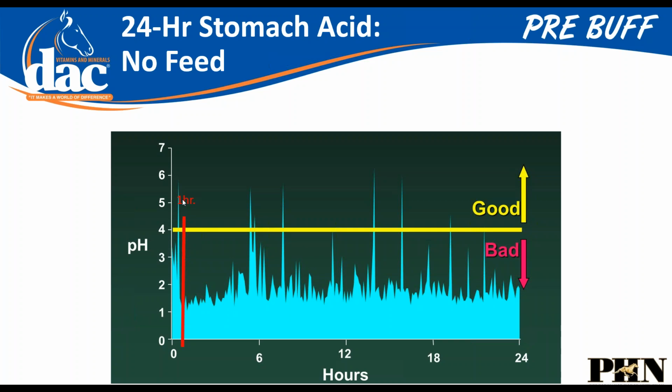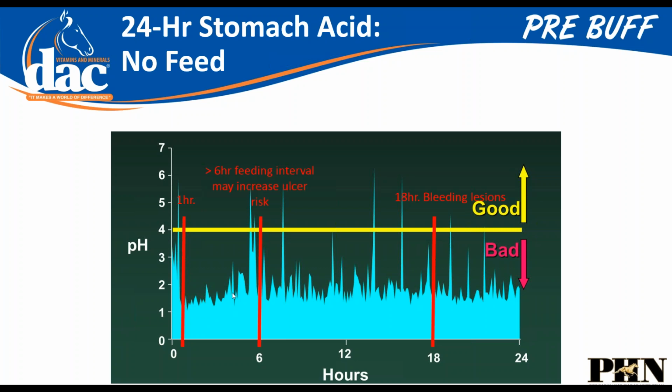And I'm sure all of us can count many times where our horses have not had something to eat for just 1 hour. Within just 1 hour of feed deprivation, we can see that the acid was undiluted, unbuffered by saliva, and it was back down between a 1 and a 2. By 18 hours, these horses had bleeding lesions.